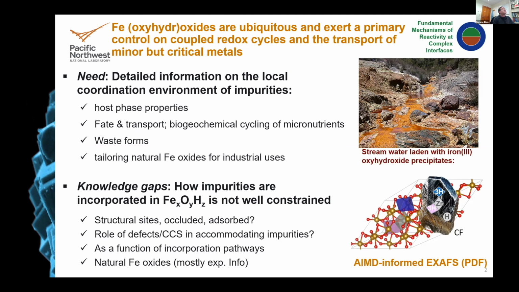in that process. However, there are lots of knowledge gaps still, despite decades of work in this field. And I would say that how impurities are incorporated in iron oxyhydroxide is actually not well constrained. In many cases, we don't even know if they're incorporated or what structural sites they're in, whether they're occluded or adsorbed, which can still be open questions.